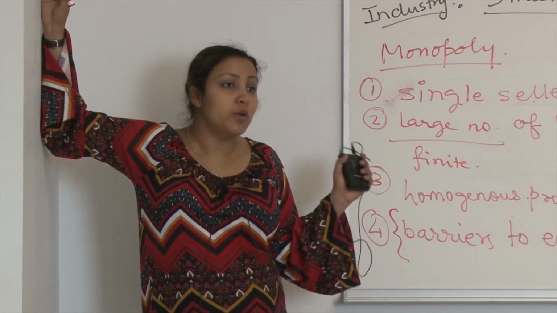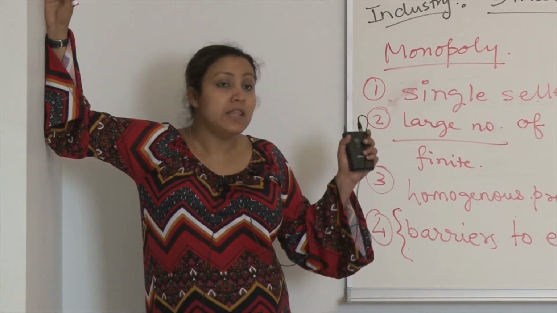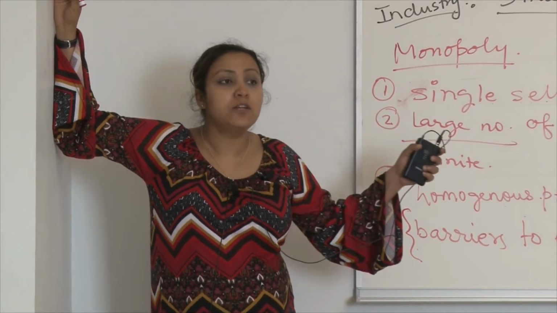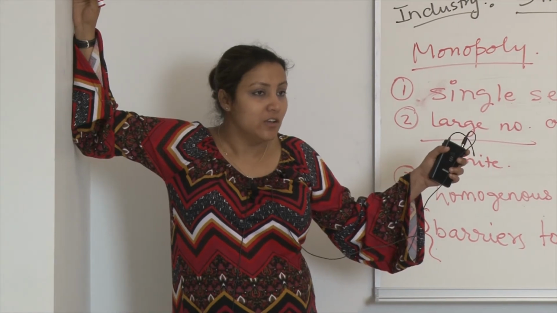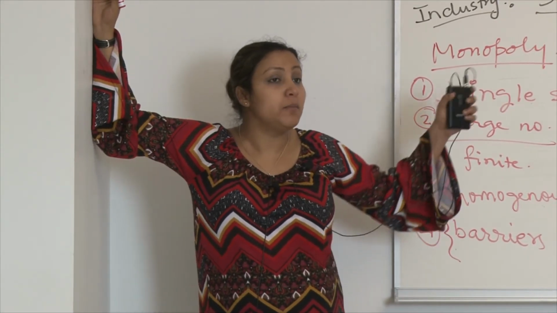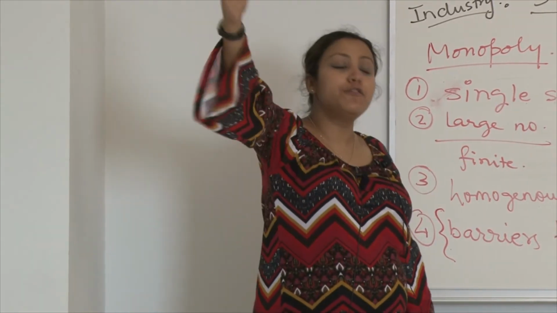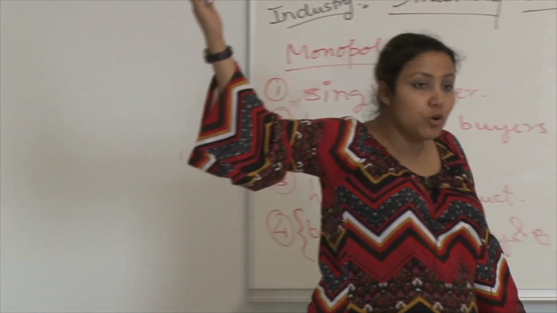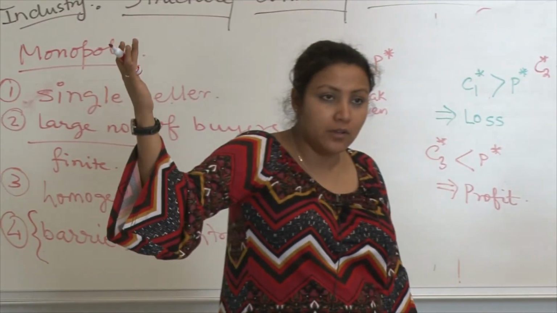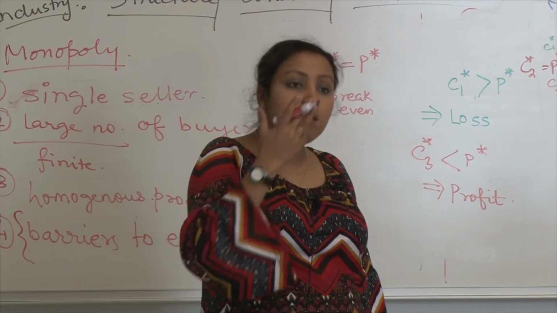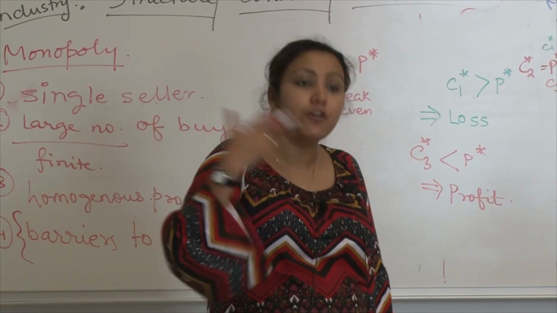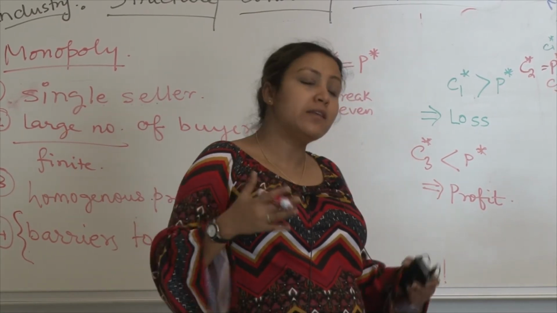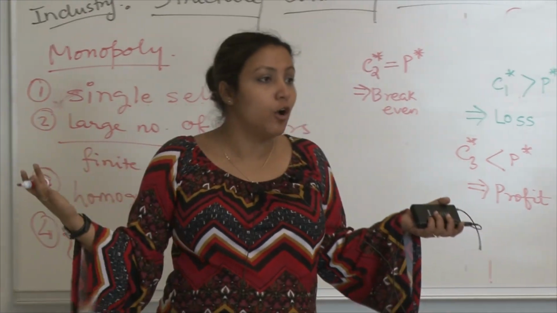So, what are we getting? We are getting that in the monopolist, adjustment does not take place easily. If a person starts making profit, he makes profit for a long period of time, because there is nobody to come in and eat away that profit. If he makes a loss, then it takes time for him to recover from that loss. And if he breaks even, then he keeps breaking even for a long period of time.